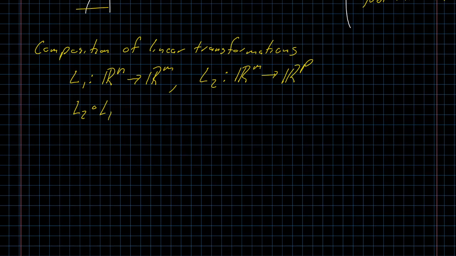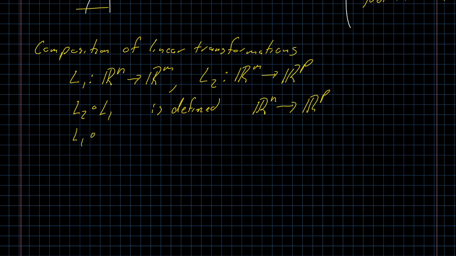L2 composed with L1 is perfectly fine. It's going to go, well, L1 is going to take in a vector in Rn. It's going to produce a vector in Rm, which is then going to be fed immediately into L2 and give us a vector in Rp.